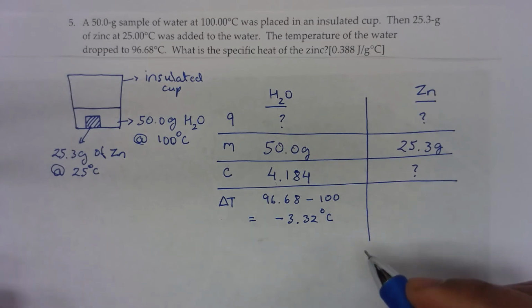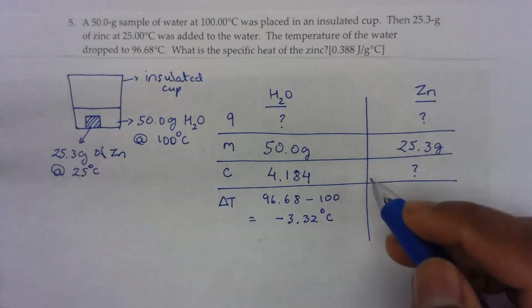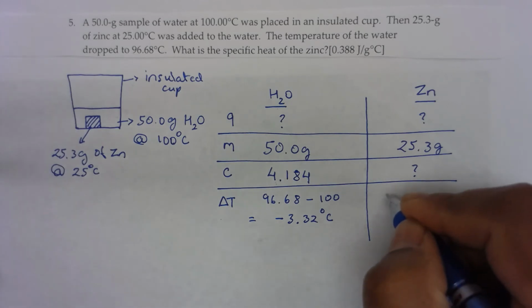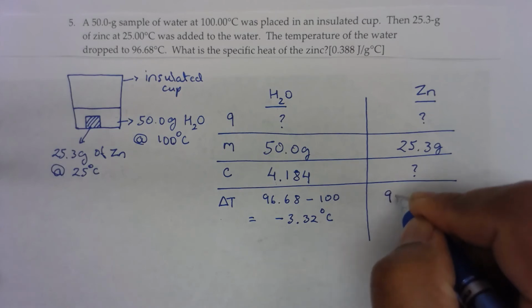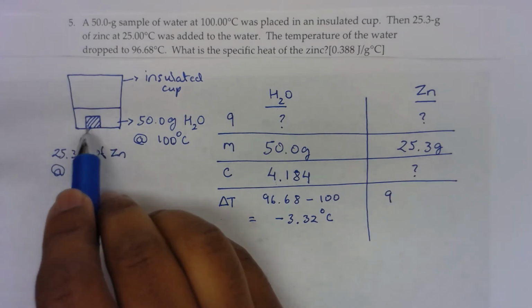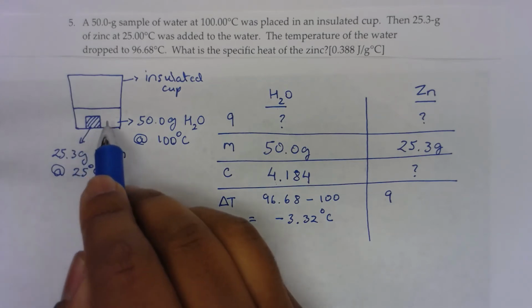What about zinc? Do I know the initial and final temperature of zinc? Yes. What was the initial temperature of zinc? 25. What did it end up being? 96.68. Because the final temperature of zinc and water is the same, because they're in the same environment, right? The zinc is in the water.